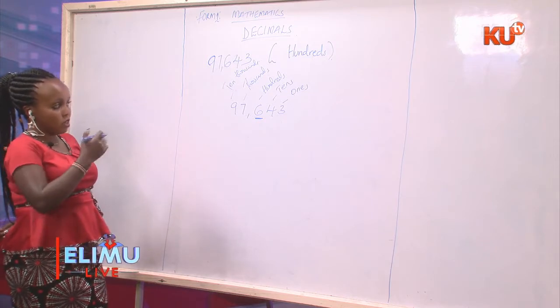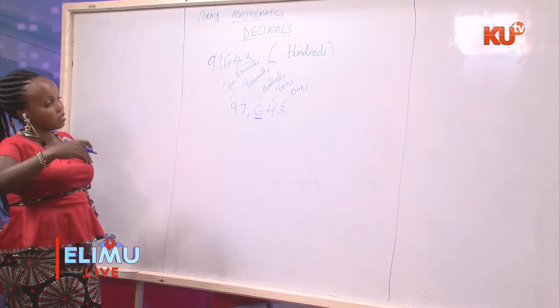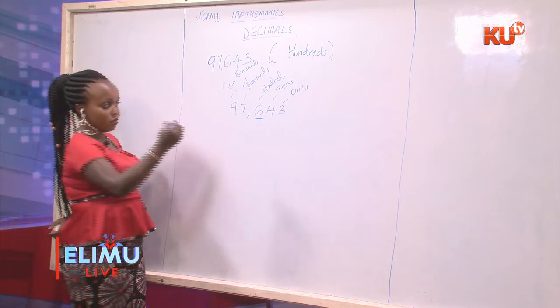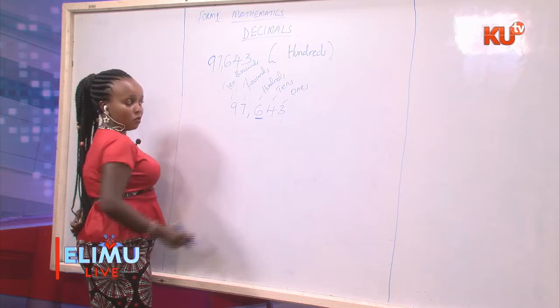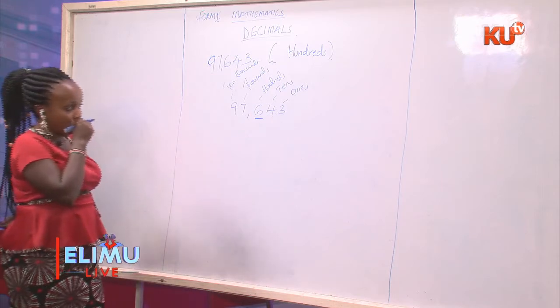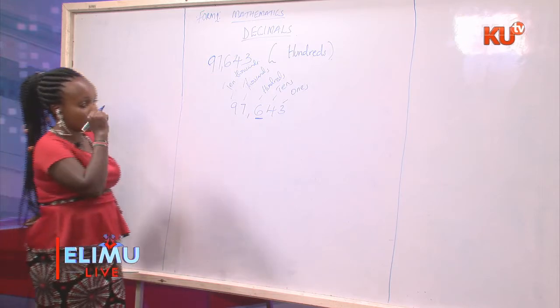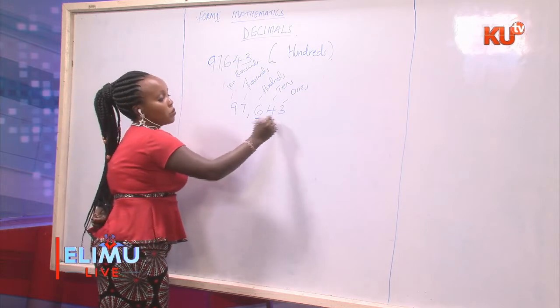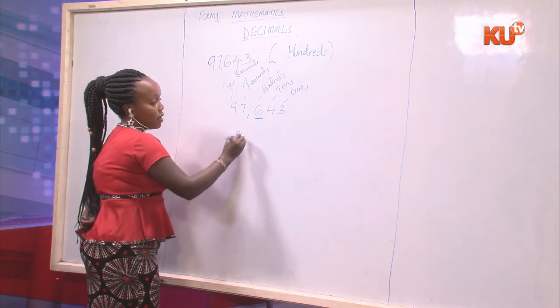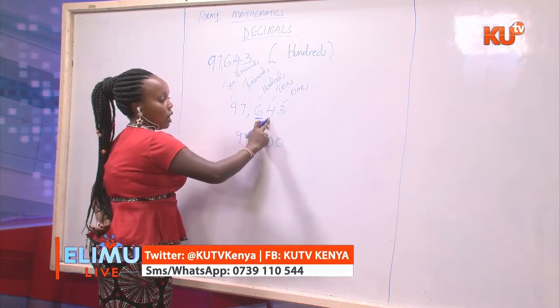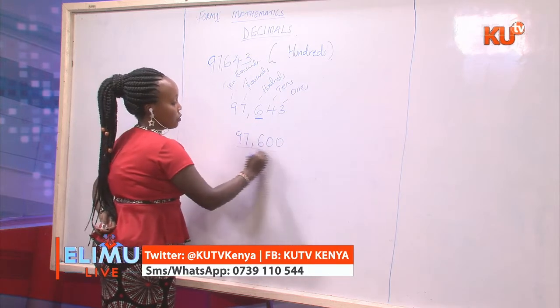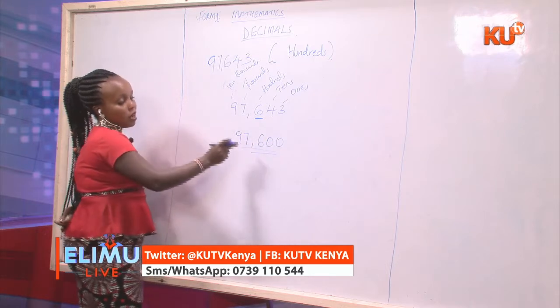If it is less than 5, we are going to just make the digits on the right be zeros. So as you can see here, the previous digit is 4. 4 is less than 5, whereby we're just going to make the other digits 0. So our number will be 97,600, because our previous digit was less than 5. So this is the number when it is converted to hundreds.